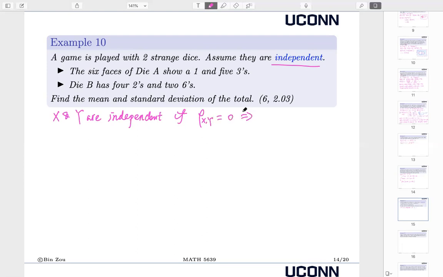or equivalently, the covariance is 0, or you can also say the expected value of the product of x and y equals the product of their expected values.